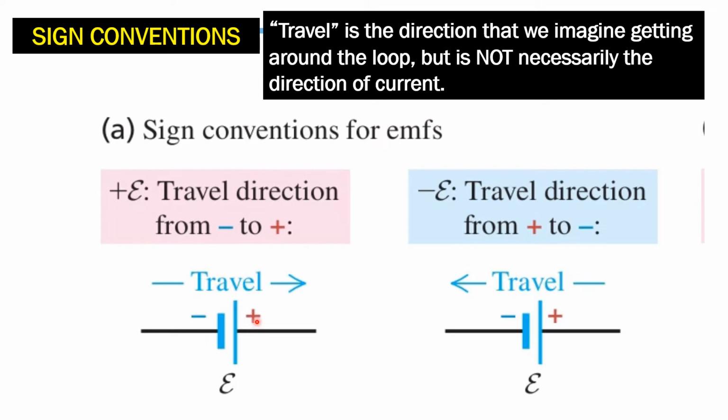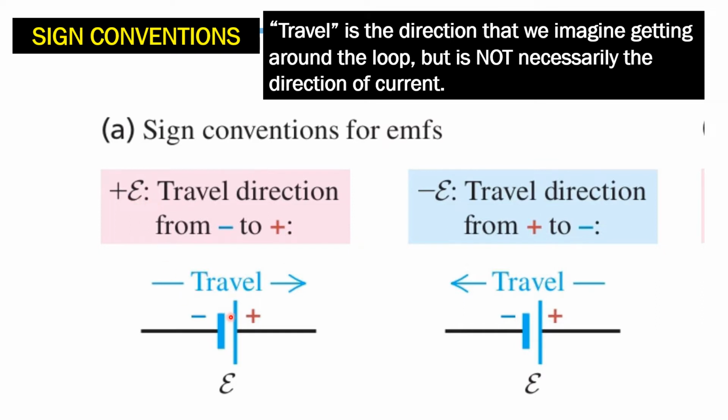If in going around the loop we pass by this terminal of a given battery, and your direction is from the negative terminal to the positive terminal, then you have to assign a positive sign for the EMF of that battery.